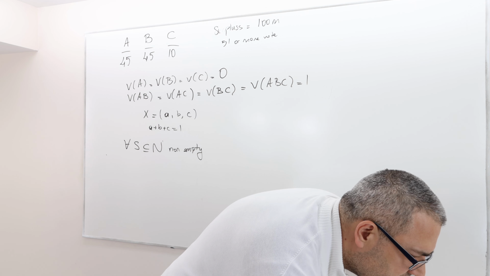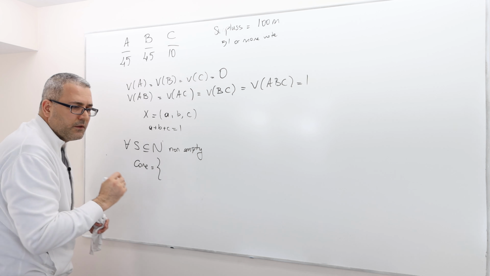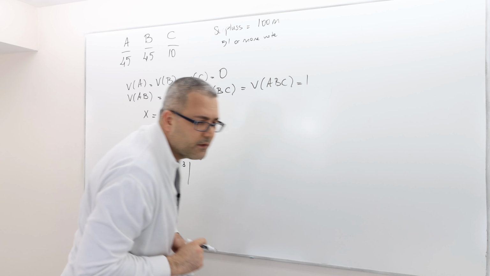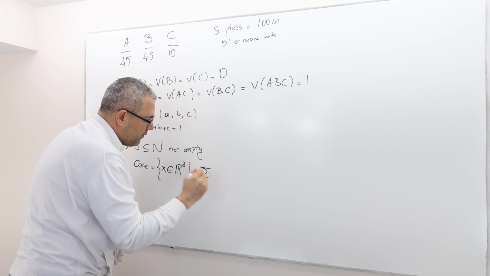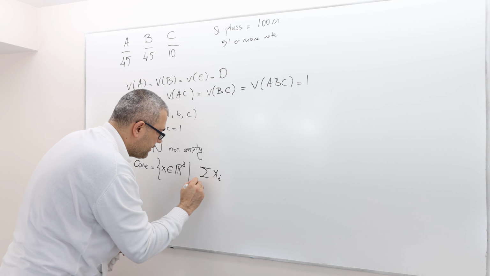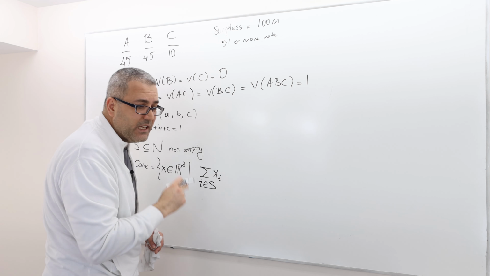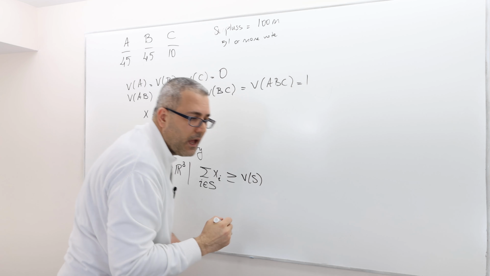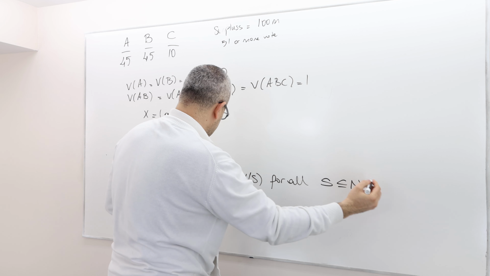Let me keep the notation the same. The core is the set of X in R^3 such that the summation of X_i, for i in some set S (in the lecture notes I used C, I'm sorry, here I'm going to use S), is greater than or equal to V of S. And that is true for all S subset of N, non-empty obviously.